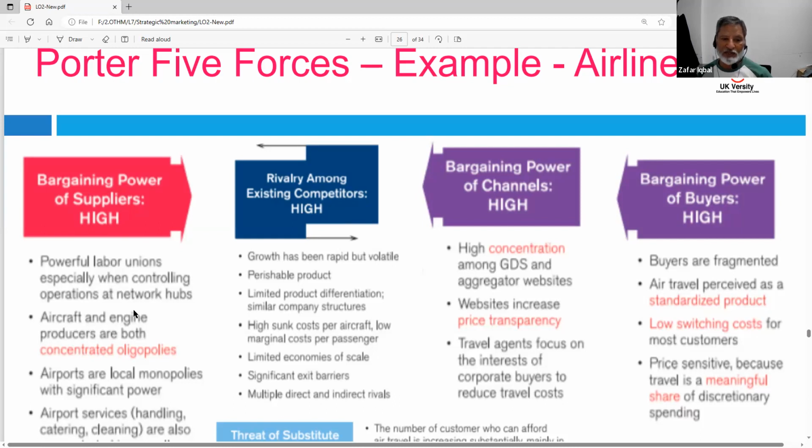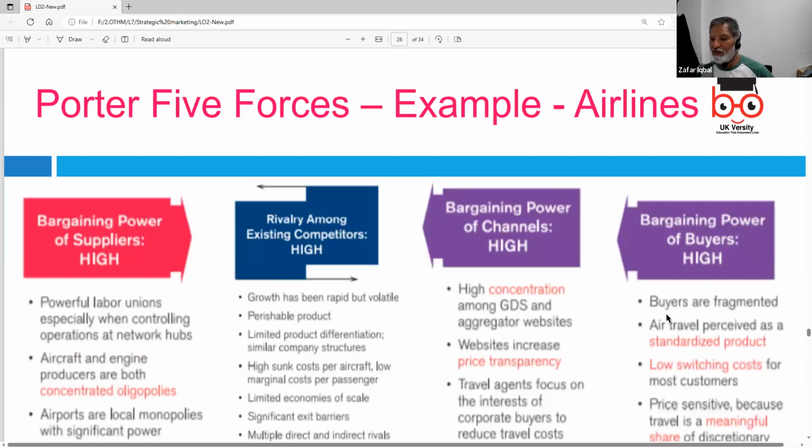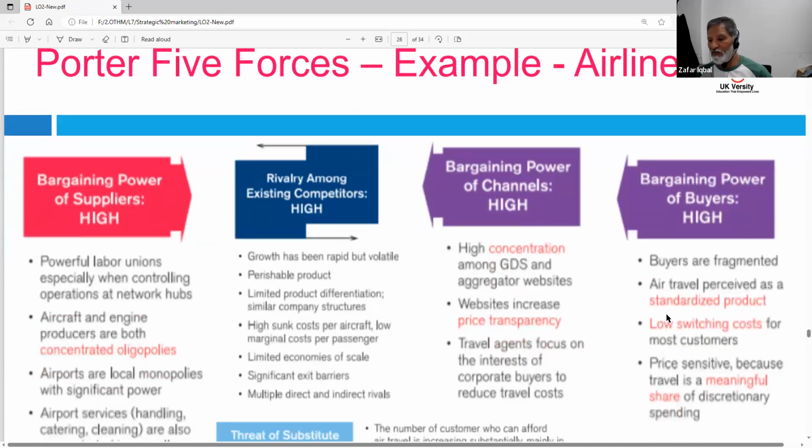They control operations, and they are very powerful in the sense that they control their operations at network hubs. Of course, the buyers have a higher power, but they are fragmented, and there are low switching costs for most customers. So when the bargaining power of buyers is high, they can switch to others, with low switching costs for most customers, and so on.